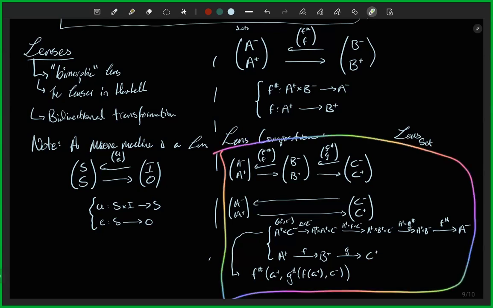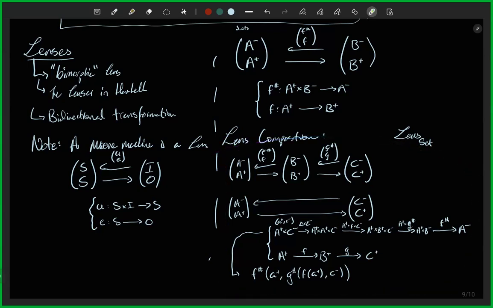The bottom composes straightforwardly, and the top you compose using this formula, which copies A plus and passes it forward using F, so that we can use it in the pass back by G and then use the pass back by F.